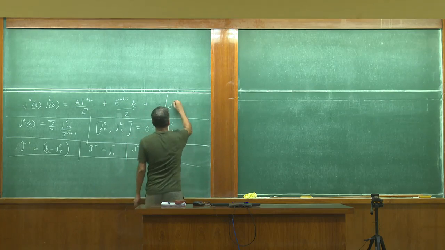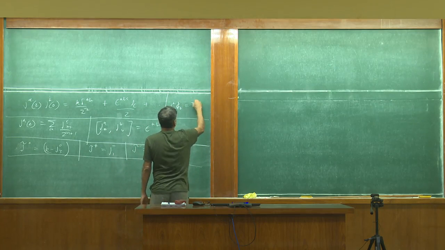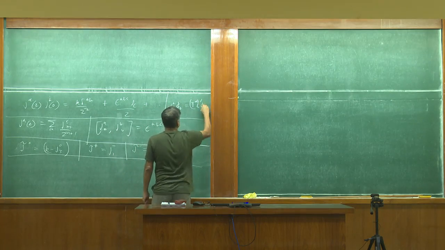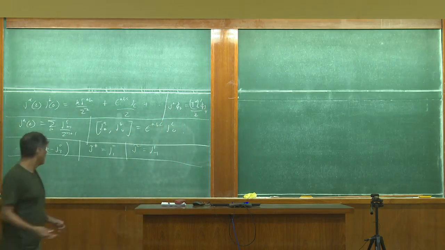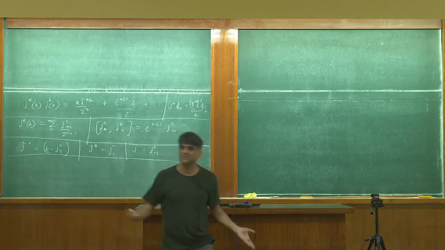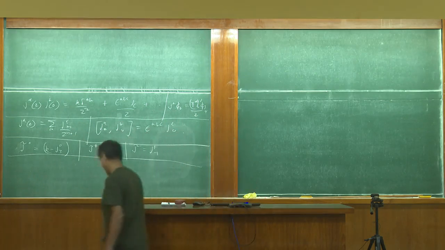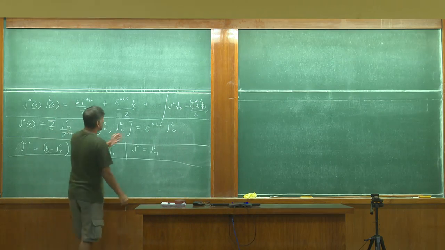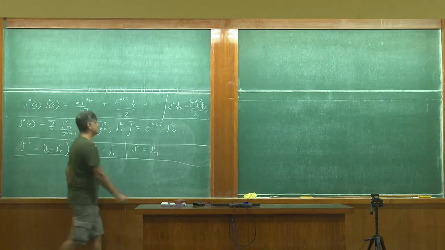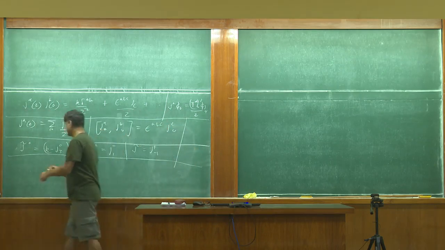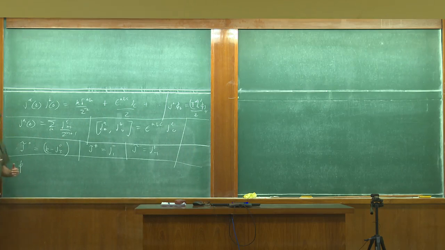Then we recalled the notion of primary operators. An operator is primary if J^a on phi_i is equal to (T^a)_ij phi_j by z plus dot dot dot, where T^a is the representation matrix for the representation in which phi transforms. We looked at primary operators phi with the highest allowed value of m.